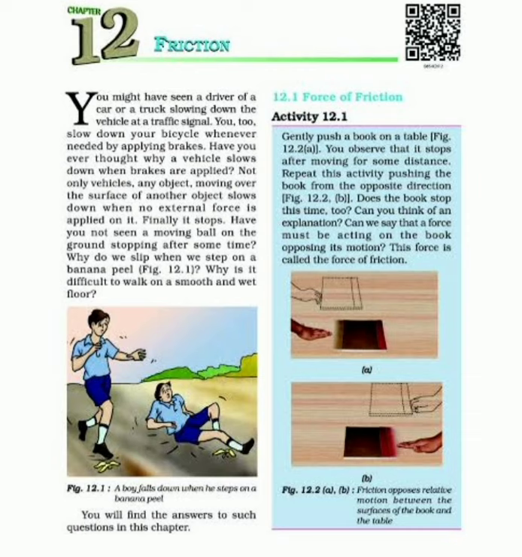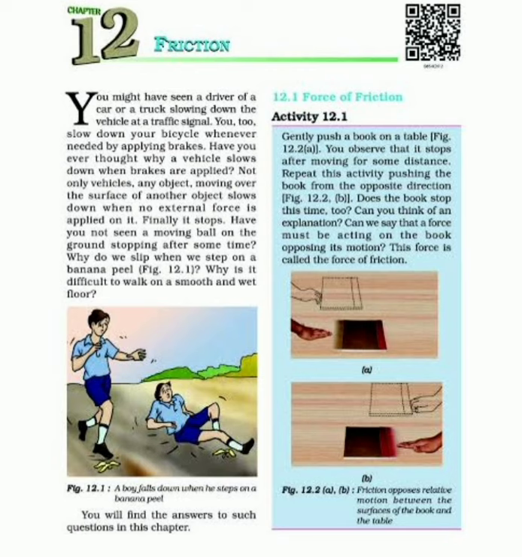Push the book on the table. You observe that it stops after moving for some distance. Repeat this activity pushing the book from the opposite direction. Does the book stop this time? Can you think of an explanation?